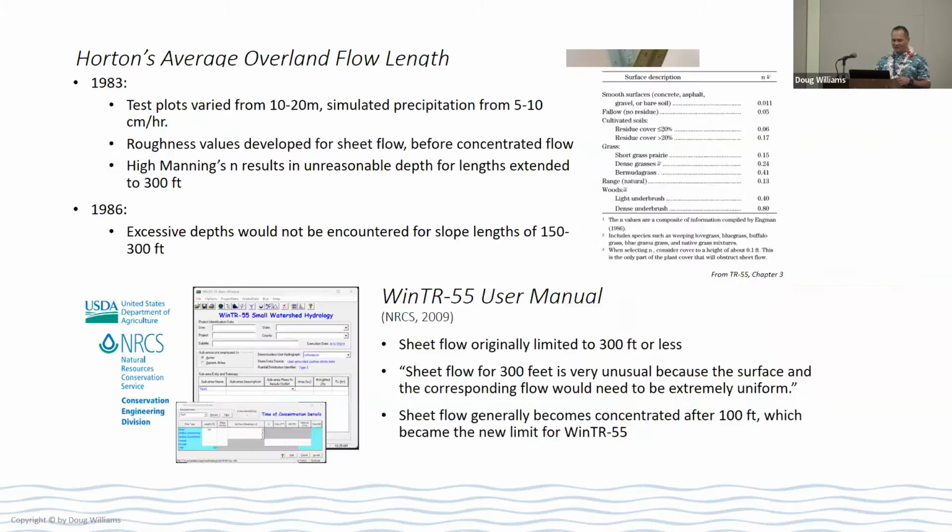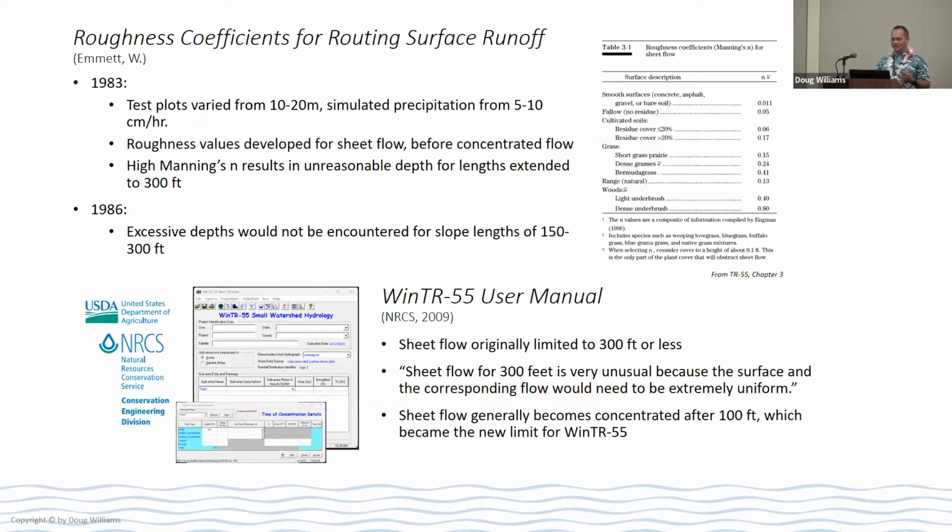Then some additional studies had to do with determining runoff or overland coefficients for sheet flow. So, 83 test plots, with varied precipitation ranges.